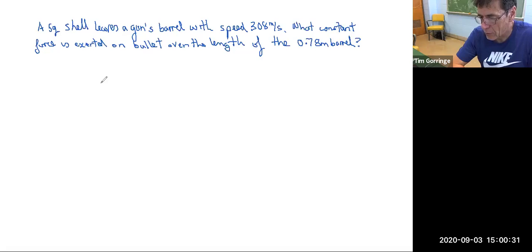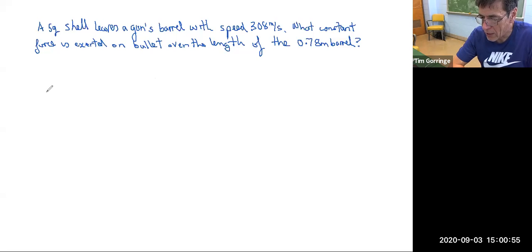To solve this problem, I'm going to start by sketching the motion of the bullet along the length of the barrel and annotating the sketch with the quantities I know about the bullet's motion. And then that'll lead me into the calculation, which is going to involve 2 steps.